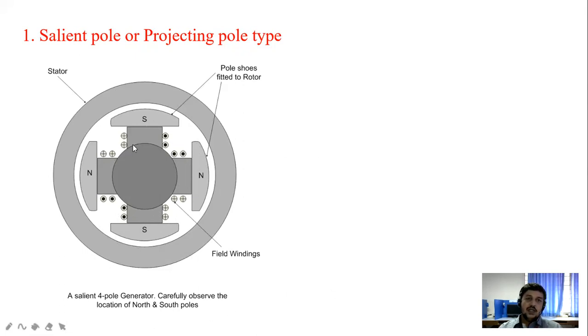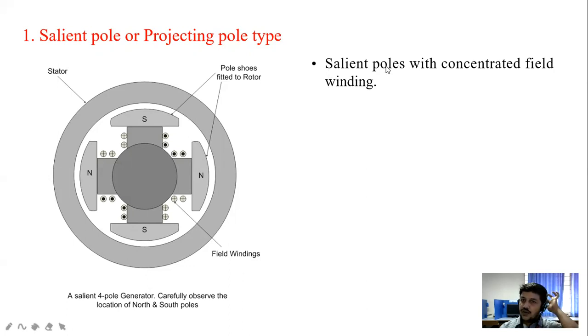This particular structure of rotor has some features. Salient poles have concentrated field windings. The field windings are wound over the salient poles, and these field windings are connected to a DC supply. The winding is done in such a way that alternate magnetic poles form on adjacent physical poles.